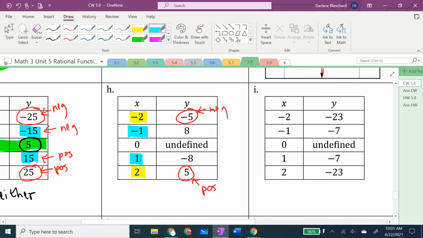Another pair of opposite signed x's, look at their y values. Are the y values that they have opposite signed? One is positive 8, the other is negative 8. So yes. 0 is undefined. So is this odd, even, or neither?